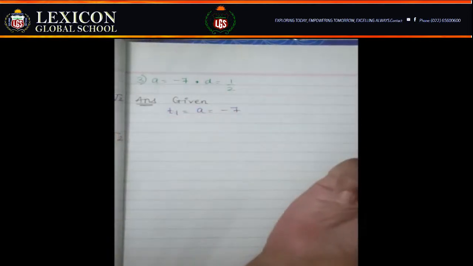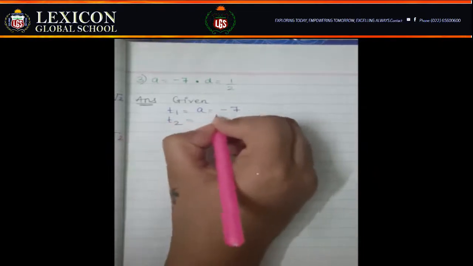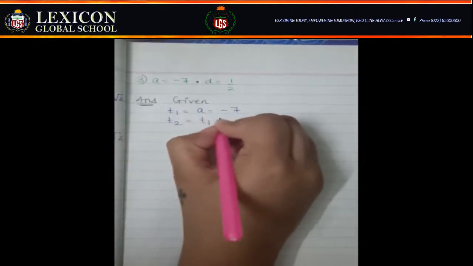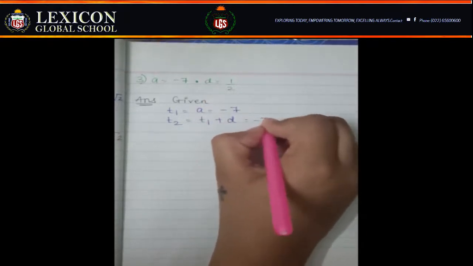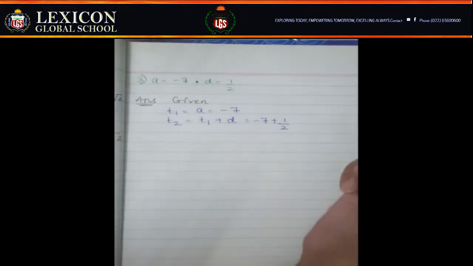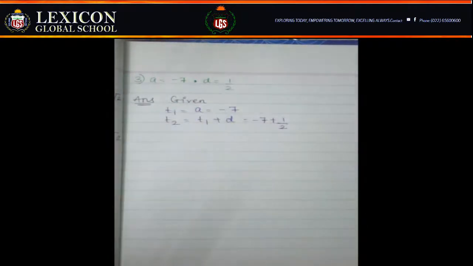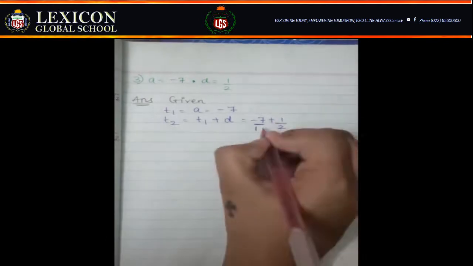We are going to find the next terms. That means we are going to find T2. How are you going to find T2? T1 plus D. And what is D? 1 upon 2. T1 is minus 7 and D is 1 upon 2. Again it's a fraction. That means we need to take out the LCM. Over here the denominator is 1. Since the denominator is 2 over here, I multiply it by 2.